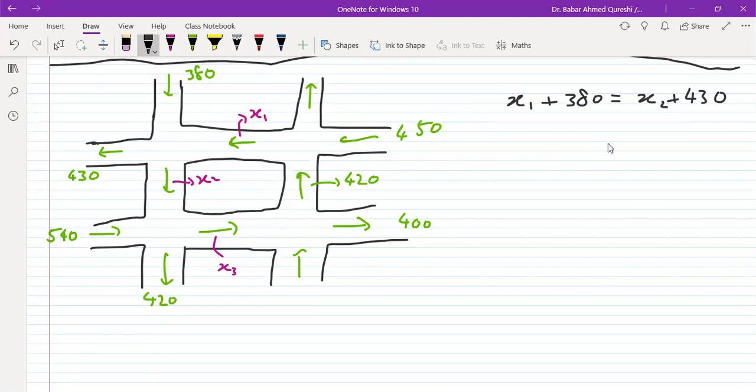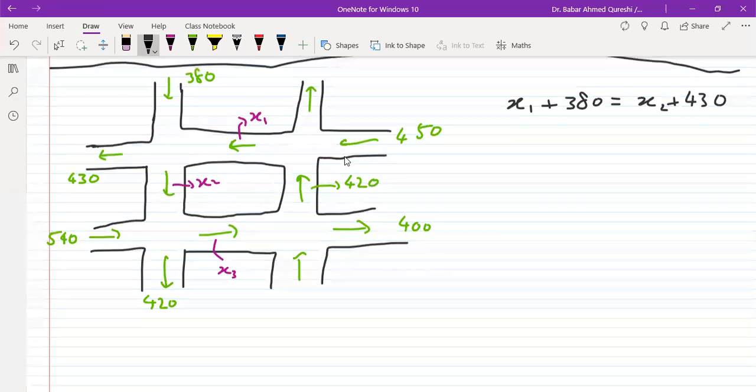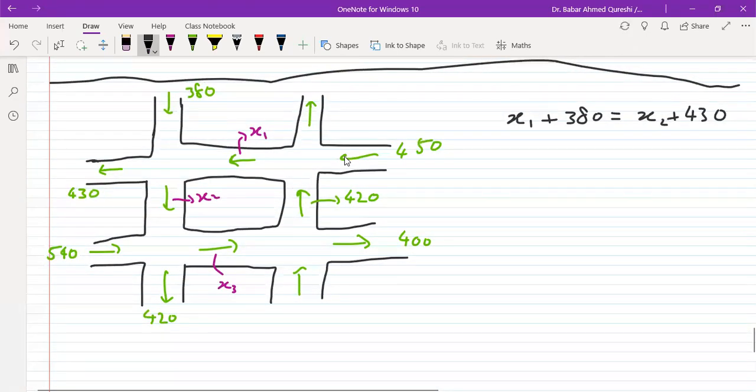Then over here, did I write a number for this one? Well, this is also not known. It's x4, and this is 470.